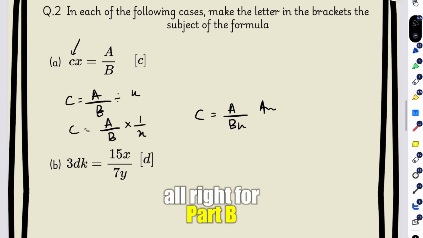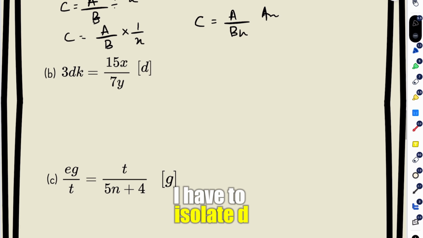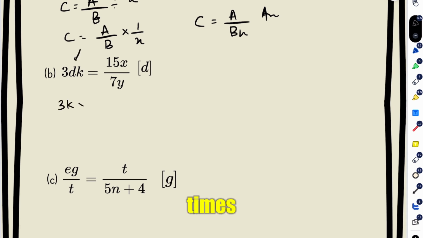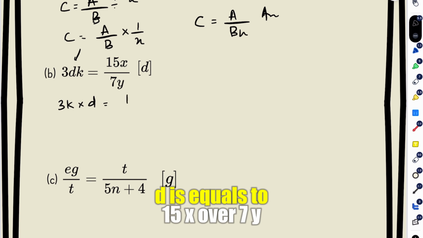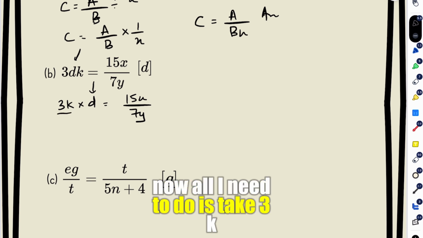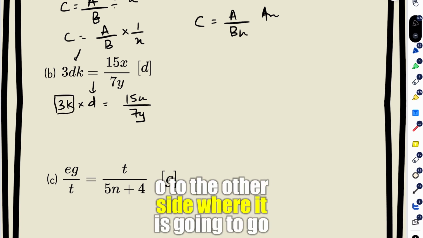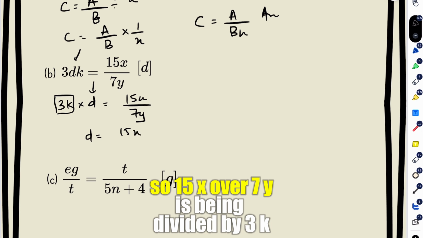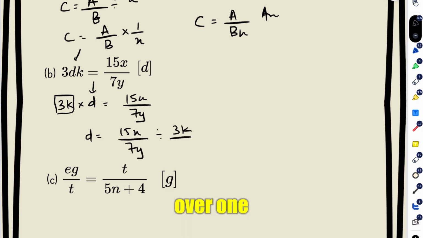All right, for part B, I have to isolate D, which means I could simply write it as 3K times D is equal to 15X over 7Y. I've managed to isolate D. Now all I need to do is take 3K over to the other side where it's going to divide. So 15X over 7Y is being divided by 3K over 1.